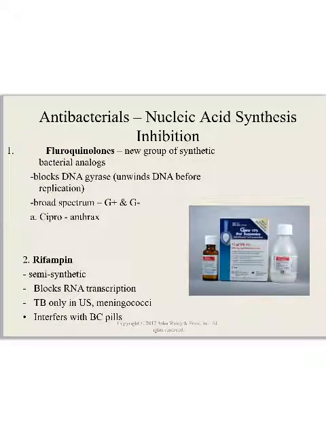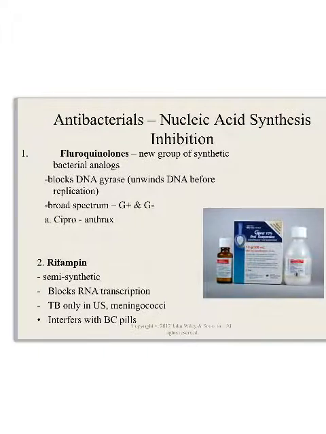Okay, so some inhibit nucleic acid synthesis. Examples of those: one is fluoroquinolone, and Cipro is an example of that. What it does is it blocks DNA gyrase, so we can't unwind the DNA to replicate it.